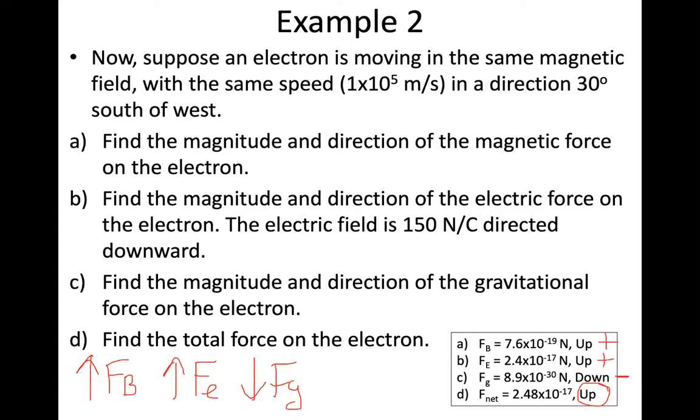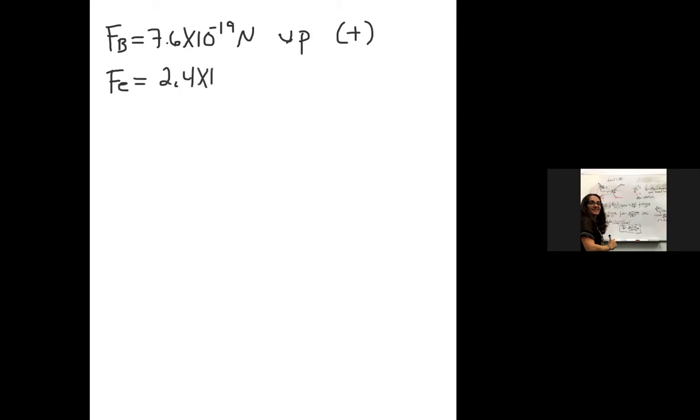So let's just do that real quick, just to be 100% sure. I want to write down all my forces. We've got the magnetic force, which is 7.6 times 10 to the negative 19 newtons up. We can call that a positive. We've got the electric force, which is 2.4 times 10 to the negative 17 newtons, also upward. Call that a positive.